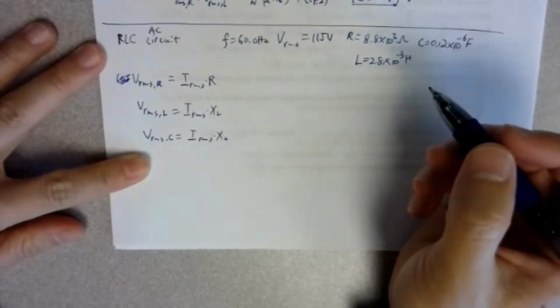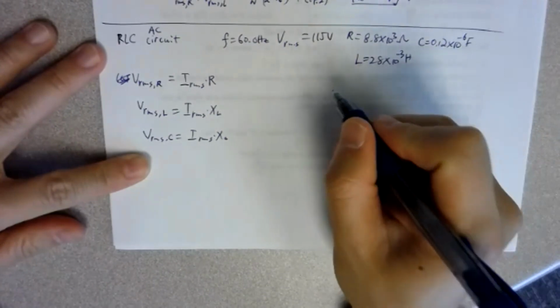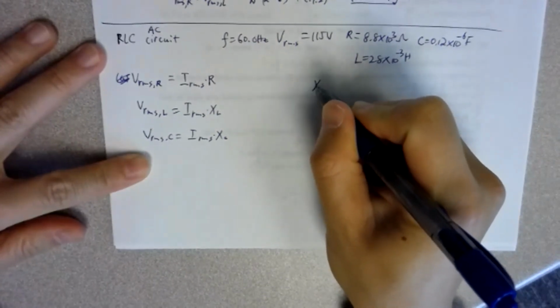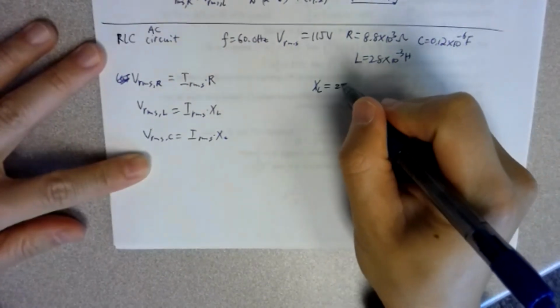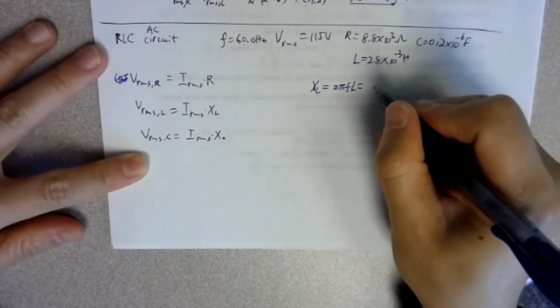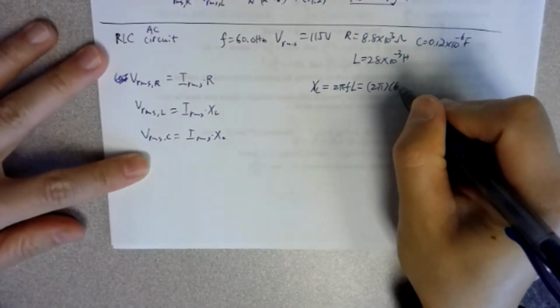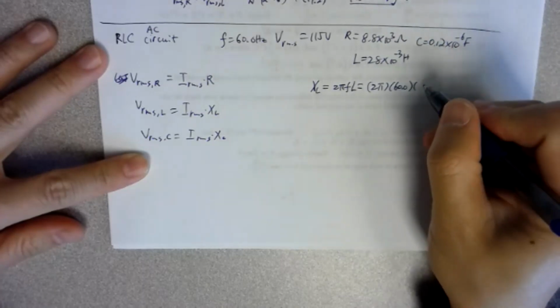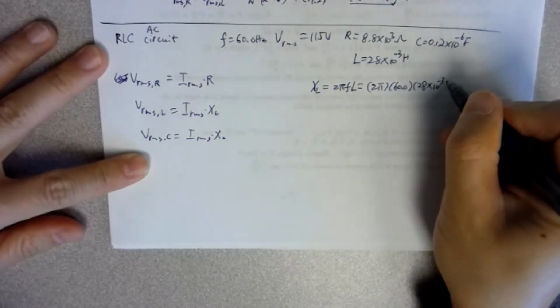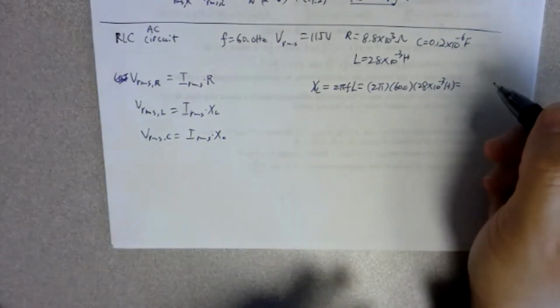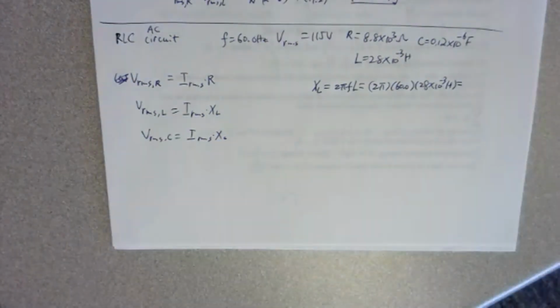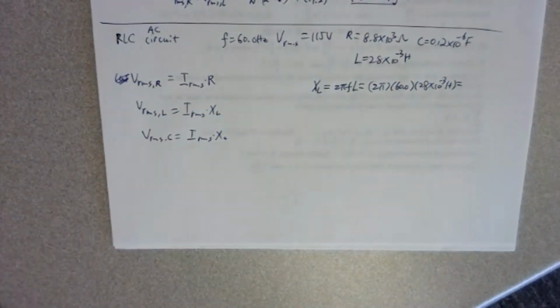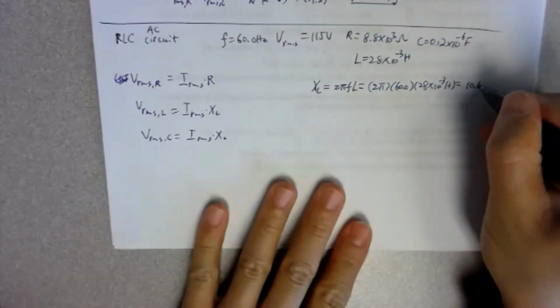I think the first thing we can calculate is XL. XL is 2 pi F L, right? So 2 pi times 60 hertz, times L, which is 28 times 10 to the minus 3 henry. Okay, so that will give you 10.6 ohms.